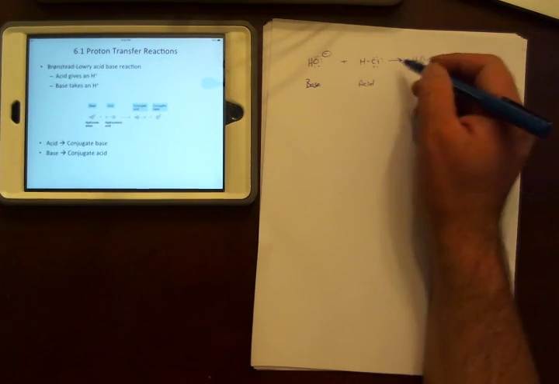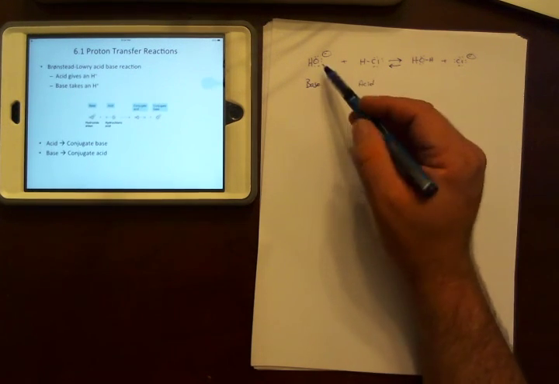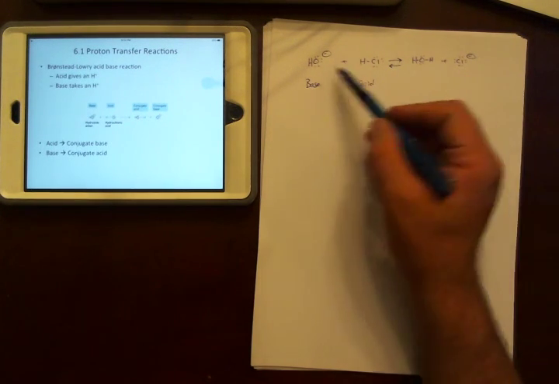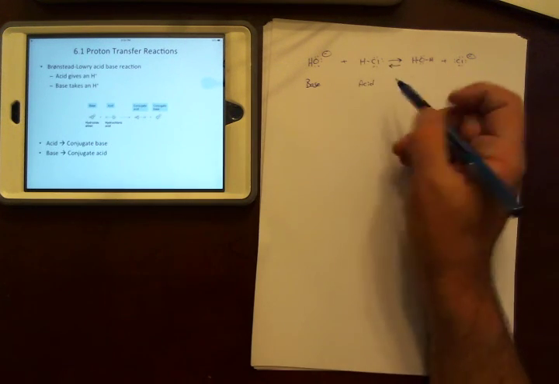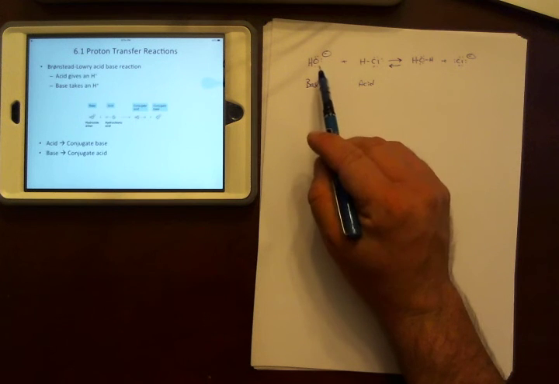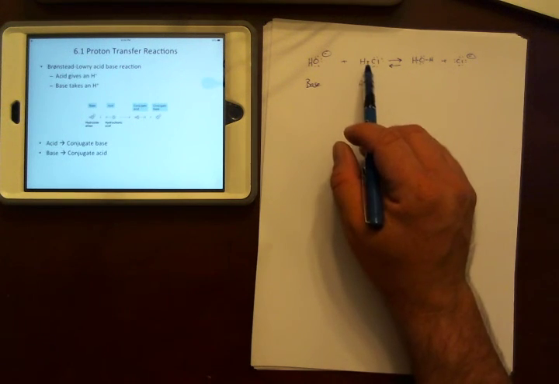Now, just to mess with you, remember this reaction technically is reversible. If it's running in the forward direction, this is going to grab a hydrogen, and this is going to have a hydrogen to give away.